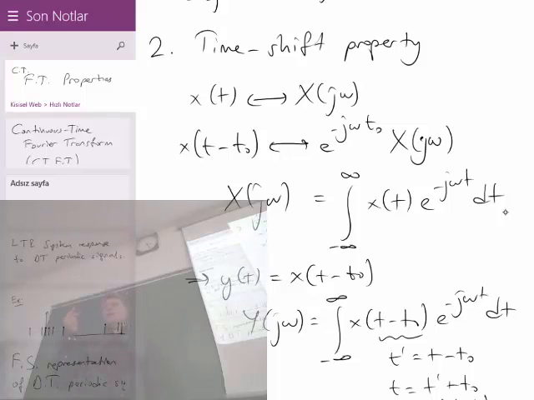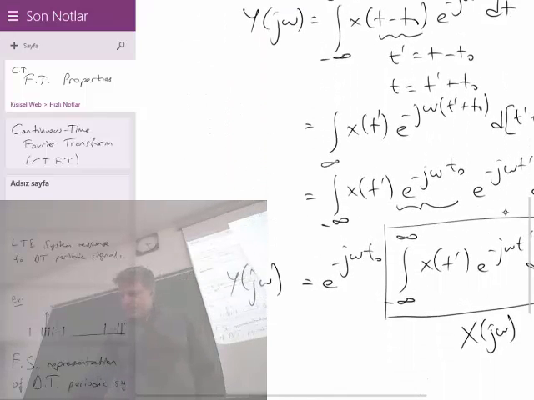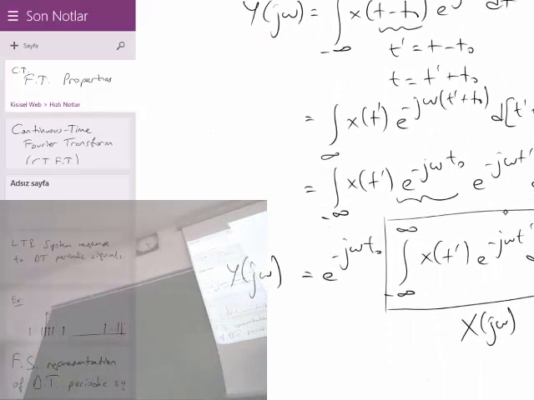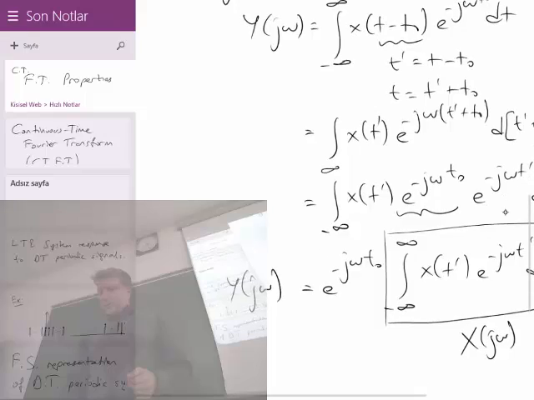You can expect it, quite trivially: the exponential will be shifted by t0, and that shifted by t0 exponential term will go out of the integration. It will stay here, e to the minus j omega t0 times the same Fourier transform that we have already. So that is the time shifting, and we used it in the previous question, by the way.